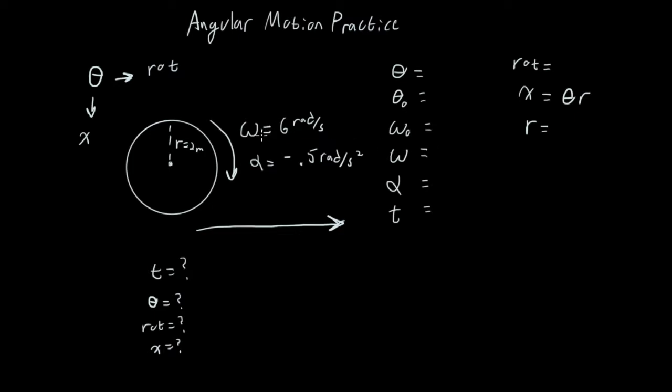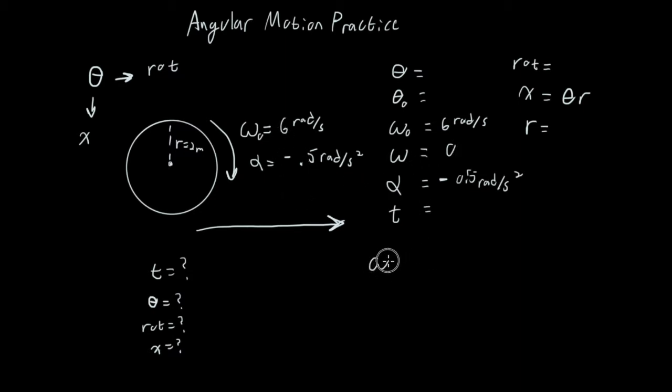Our omega naught is 6 radians per second. Our angular acceleration is going to be negative 0.5 radians per second squared. And we're wondering about time. Our final velocity is going to be 0, of course, because we're going to slow down until we come to a rest.